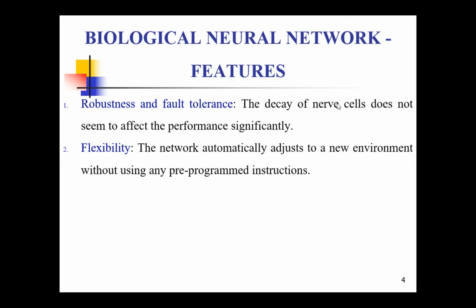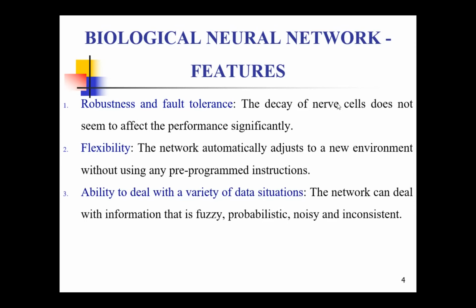But in the case of a robot that uses an ANN, nowadays they are going with multiple algorithms. Generally, a robot or a neural network cannot automatically adjust to a new environment. If there are pre-programmed instructions, then it can adapt.